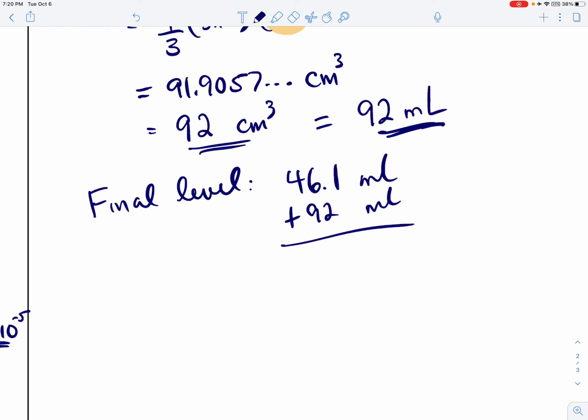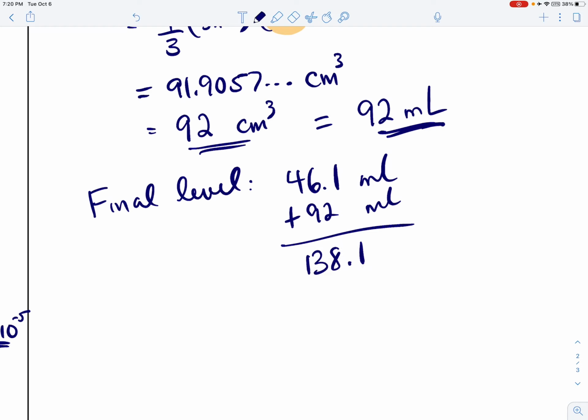Notice we're now adding measurements. What's the rule for adding or subtracting with measured numbers? You round off your answer based on decimal places. So because the first number has 1 decimal place, 46.1, but the next number has no decimal places, we're going to round this off to have no decimal places.